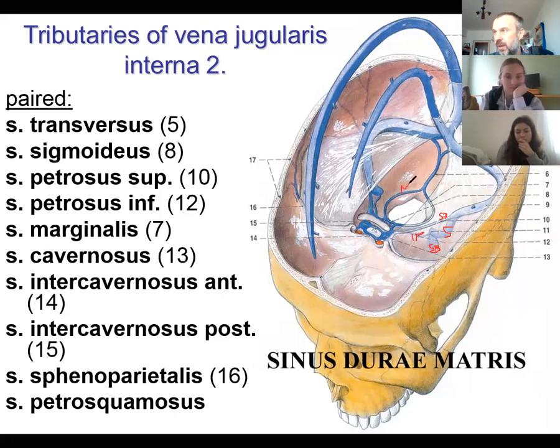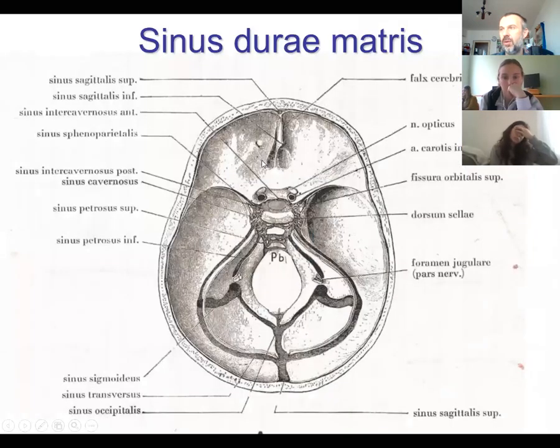Then the marginal around the foramen magnum. This is the cavernous, and the intercavernous sinuses here and here. And the sphenoparietal is located here. So you can see all the sinuses. I think that is not a complicated area, and from this point of view you can see them again.